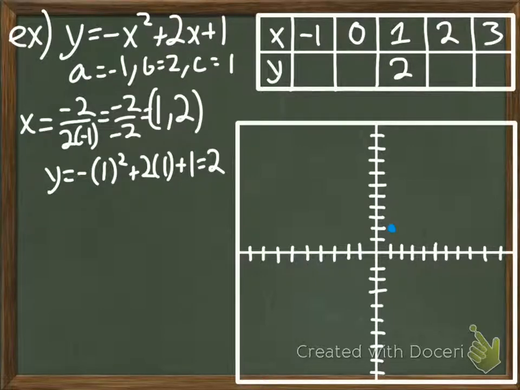So now what I'm going to do is, since 0 and 2 are the same distance away from 1, whatever I get here will be the same here. So I only have to work out one of them because this happens. Now if they're not the same distance, then this won't work.